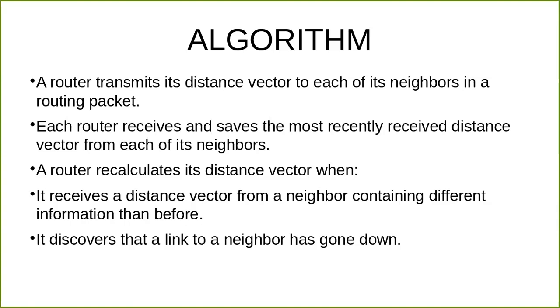So a router will recalculate the distance vector when it receives a distance vector from a neighbor containing different information than before, or when it finds that the neighbor through which it was routing has a link failure, and then it has to find the alternate route through which it has to route to the destination. These are the two possible scenarios wherein the route calculation will happen.